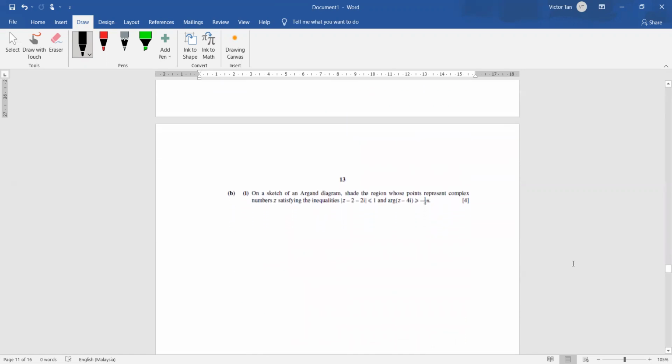On an Argand diagram, sketch the region whose points represent complex numbers z satisfying the equation. So this is |z minus 2 plus 2i|, which will be the equation with center (2, 2) and radius 1.